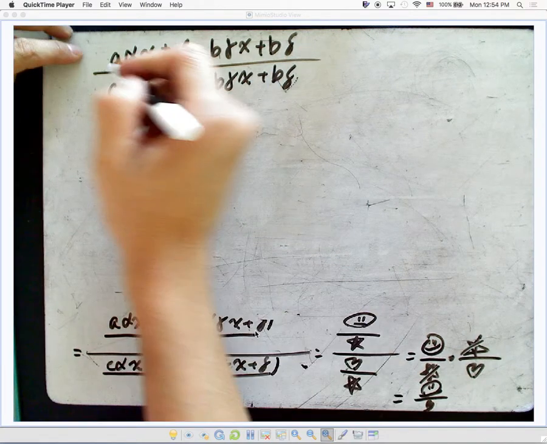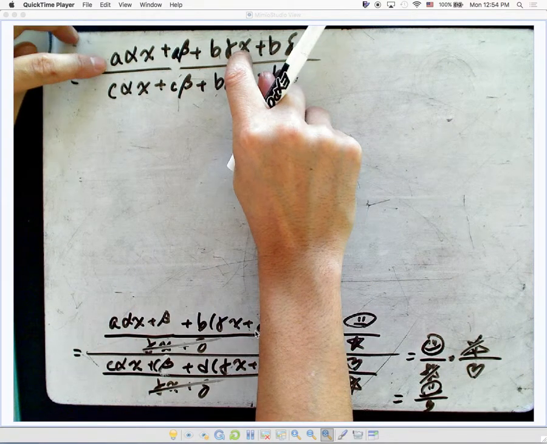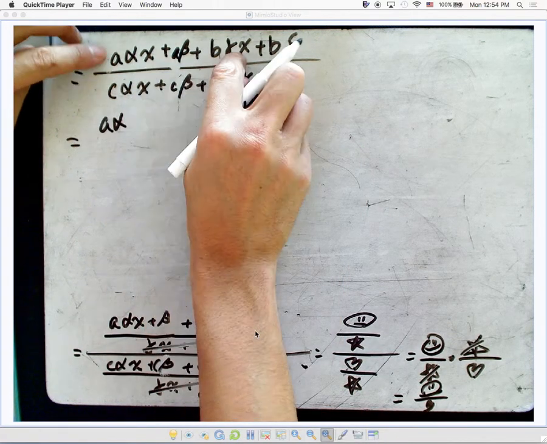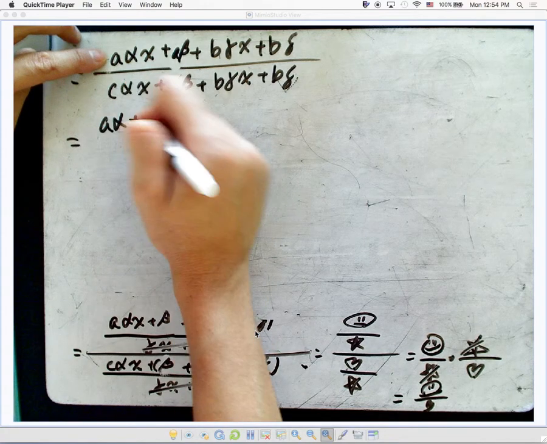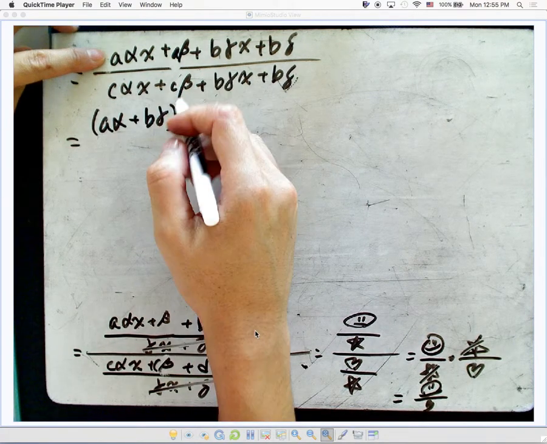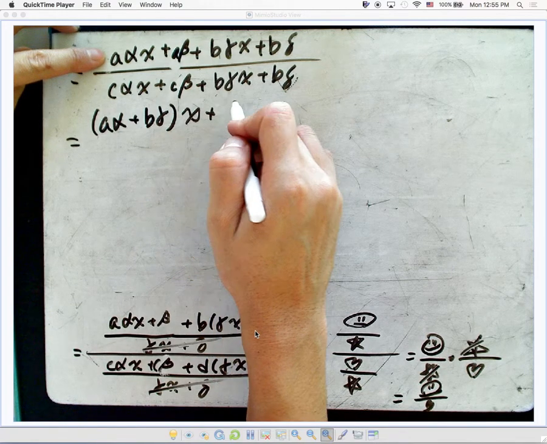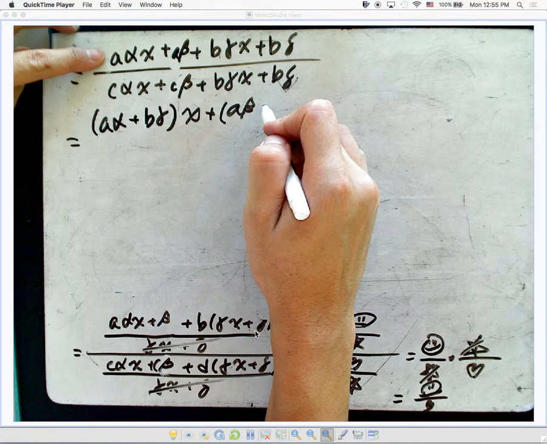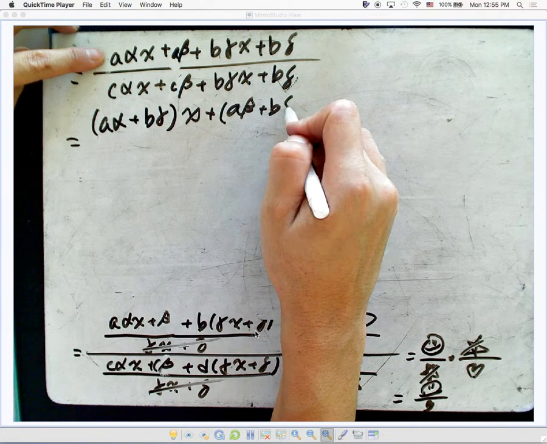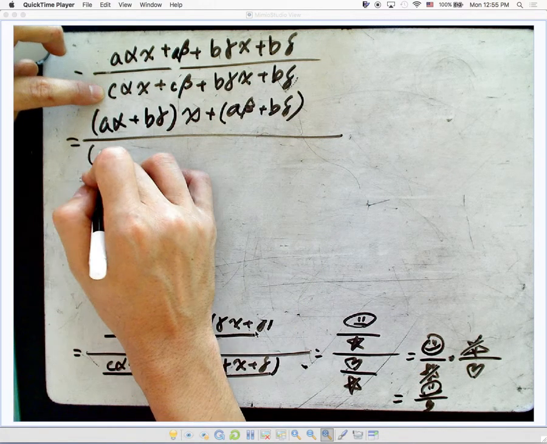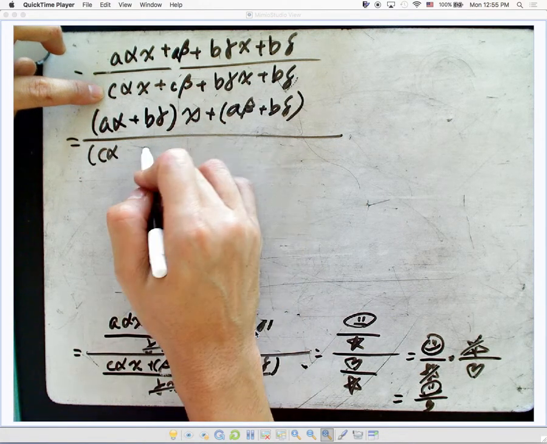If you look at the numerator and combine like terms, we get a alpha x plus b gamma x. Using the distributive property backwards, you get (a alpha plus b gamma) x plus (a beta plus b delta), all over the combined like terms, c alpha x plus d gamma x.